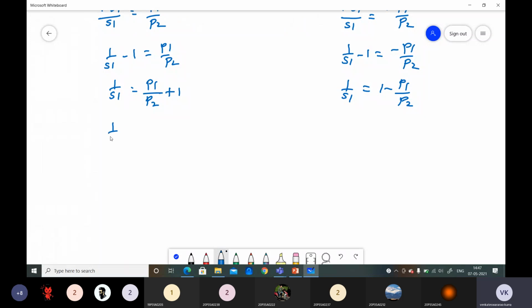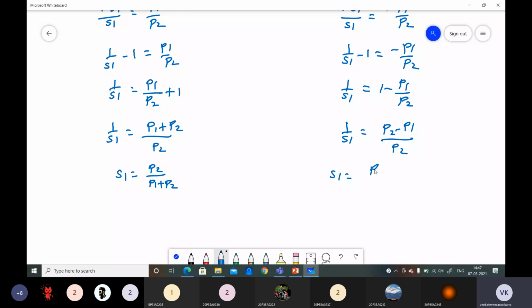If you apply LCM, 1 by s1 equal to p1 plus p2 by p2, and 1 by s1 equal to p2 minus p1 by p2. Therefore s1 equal to p2 by p1 plus p2, and in this case s1 equal to p2 by p2 minus p1. These are the slips in terms of number of poles in cascade connection.